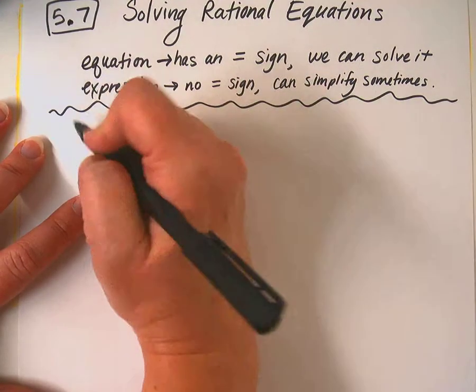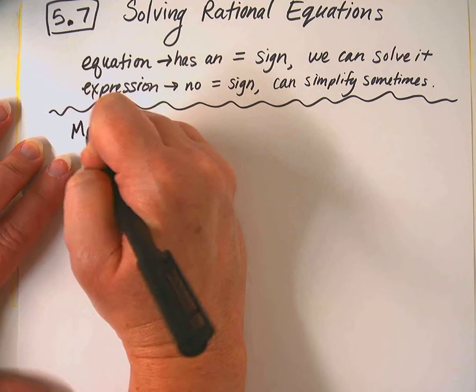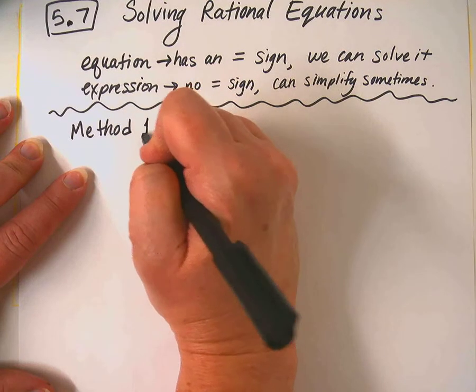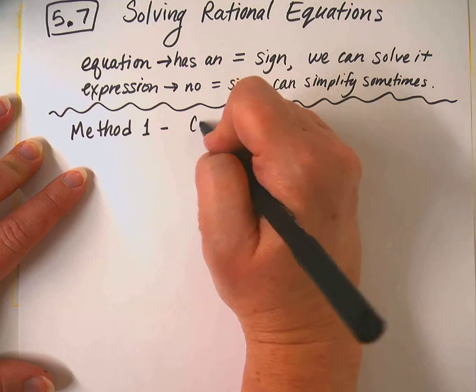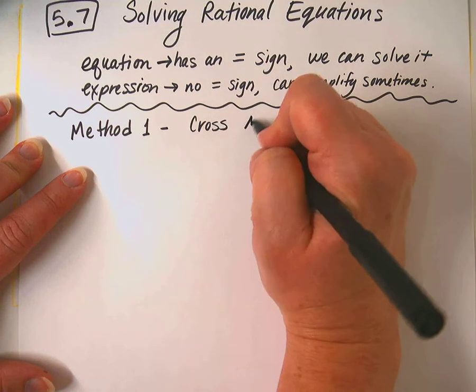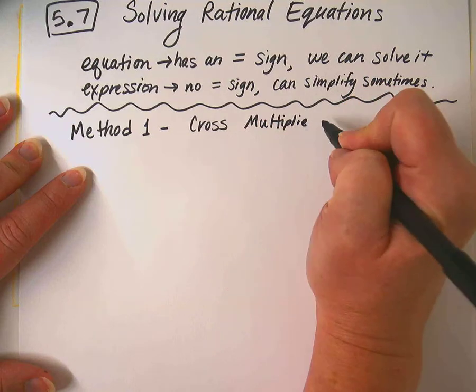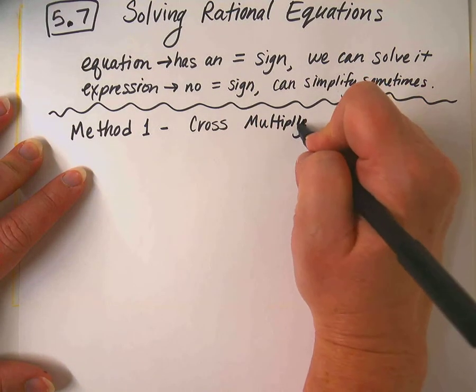Okay. When we solve rational equations, one of the easiest ways to solve rational equations is if you only have a single fraction on each side. We're going to call this method number 1. You cross multiply. How many of you have ever cross multiplied anything before? Only 2 of you? 3? 4? Okay.